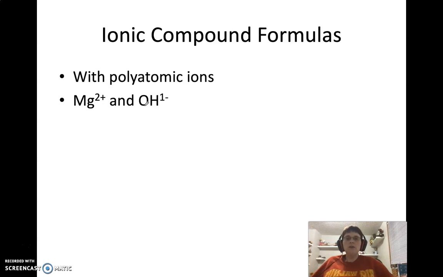This whole unit works as an ion with this charge. So how would this work? Well, we've got our magnesium, we've got our hydroxide, and we're going to drop the charges. We take this and move it over here, and do the same thing for the 1.